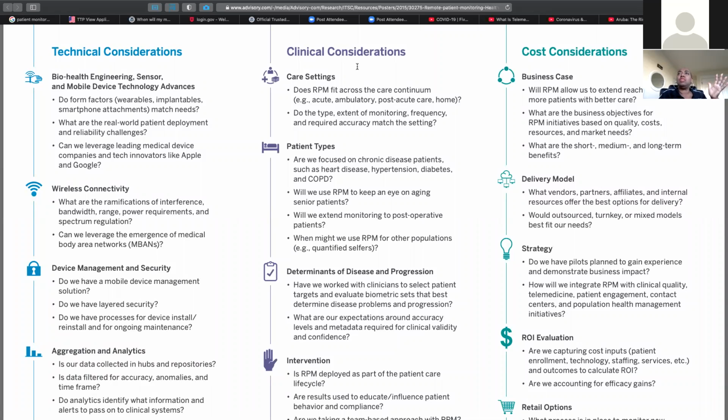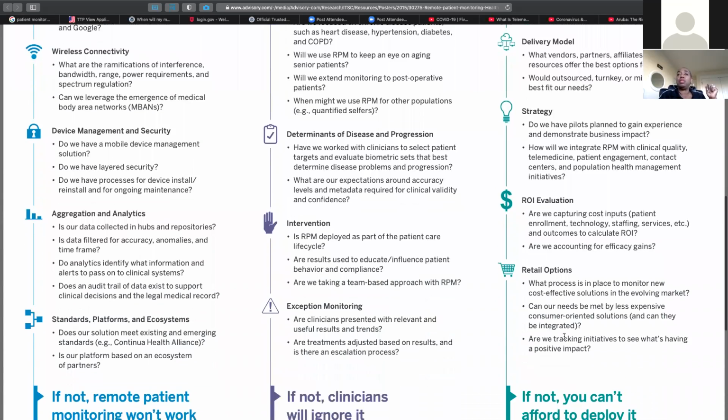The clinical consideration: where are you going to deploy it, and what needs to be considered from a clinical utilization standpoint? And then, can you afford it? What's the total cost of ownership? What's your return on investment?